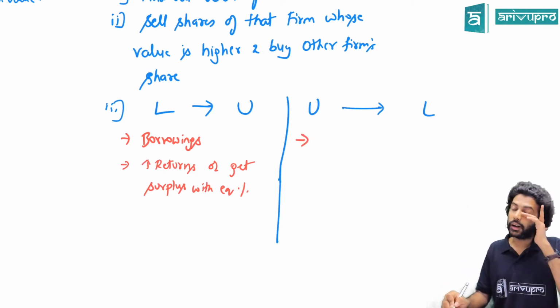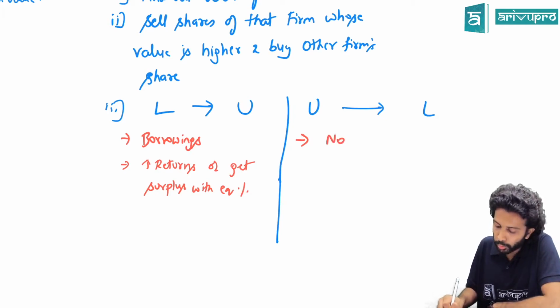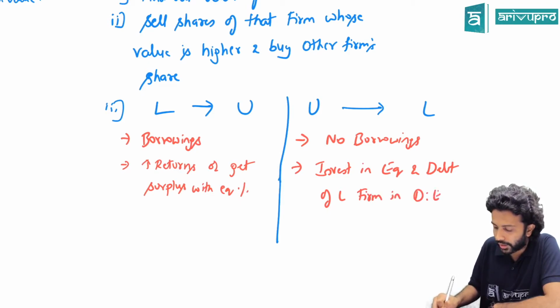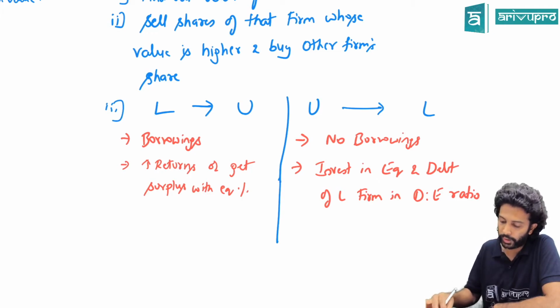If you're going from unlevered to levered, then what are the things you need to keep in mind? No borrowings will be there. However, investment will be done in equity and debt of the L firm in what ratio? In the D to E ratio, that is debt to equity ratio.